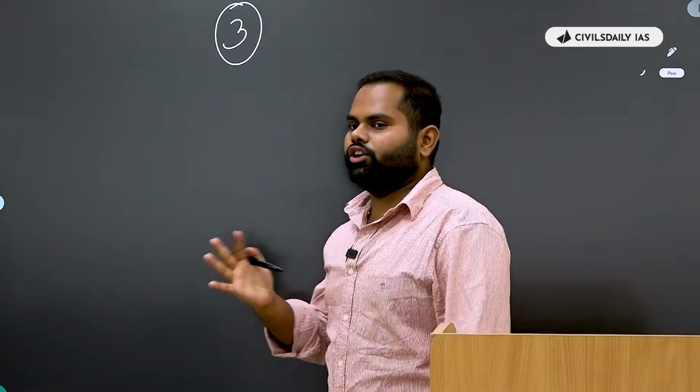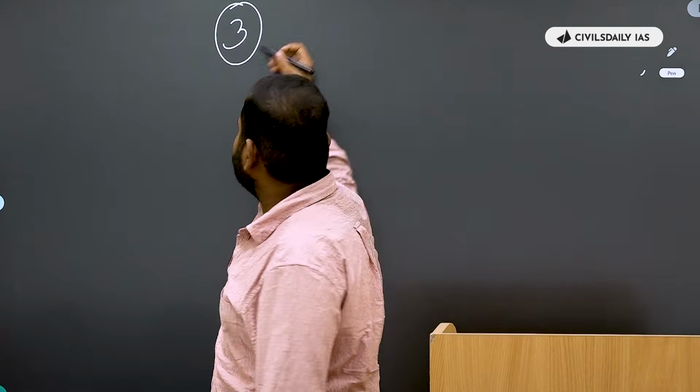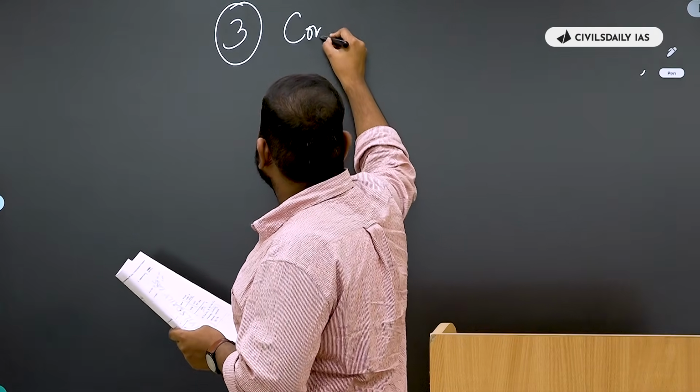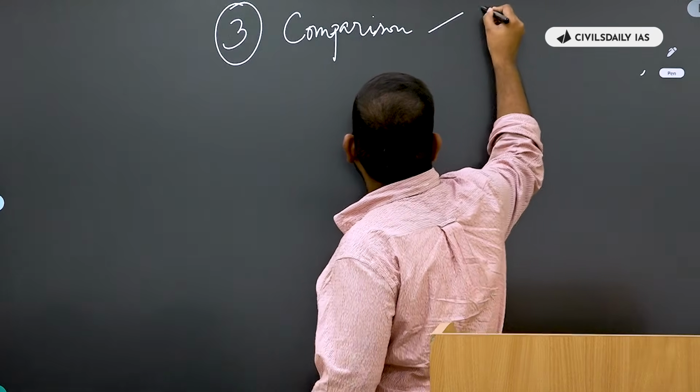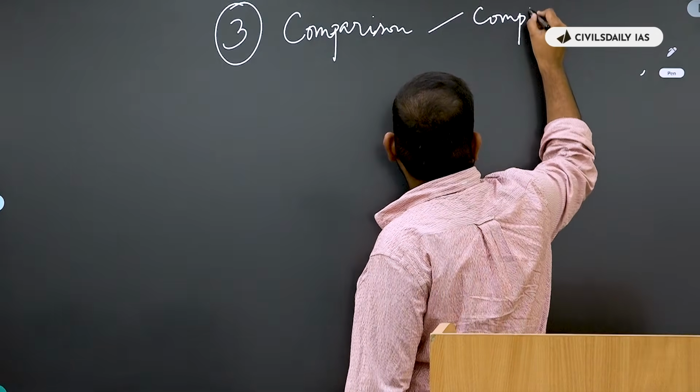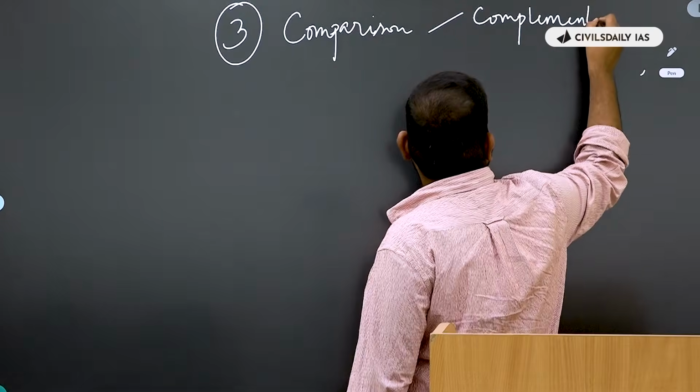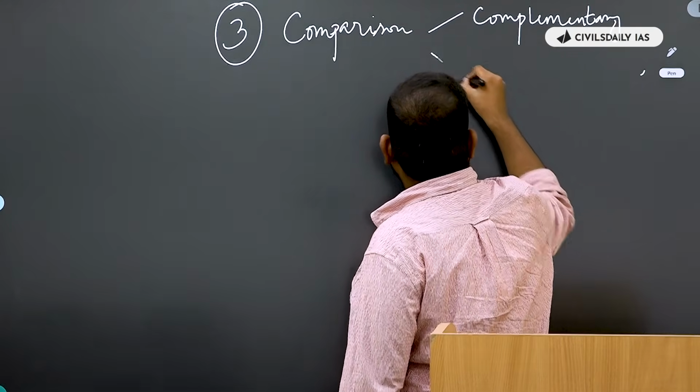The third kind of construct is when there's a lot of comparison in terms of complementary or contradictory stuff.